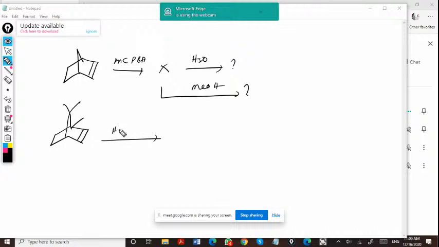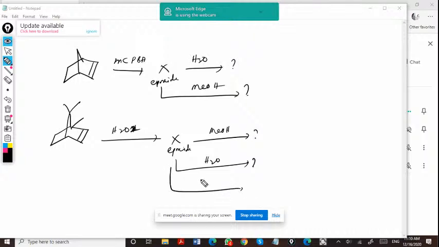One more example treated with H2O, H2O2 and epoxide. So this is epoxide. This is also epoxide. And this epoxide again treated with methanol. What could be the product? And H2O, what could be the product? And here I am also using tertiary butanol. What could be the product? Okay.